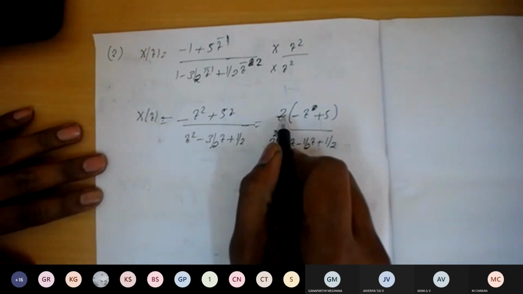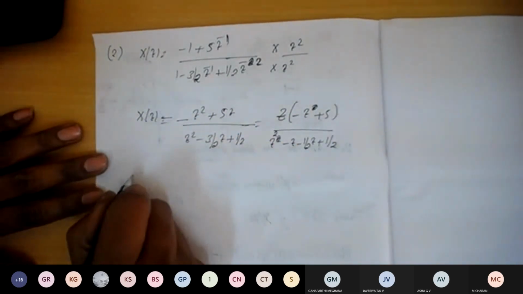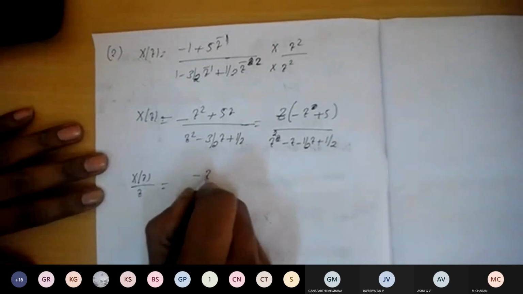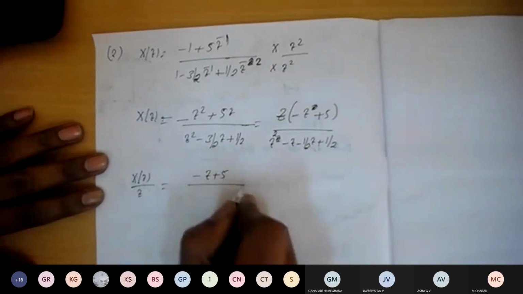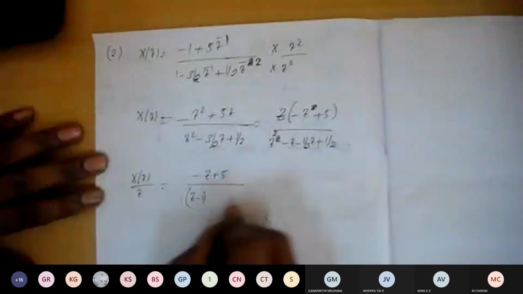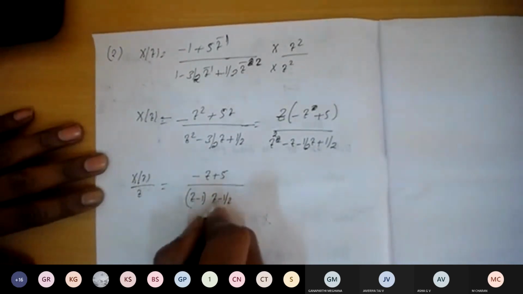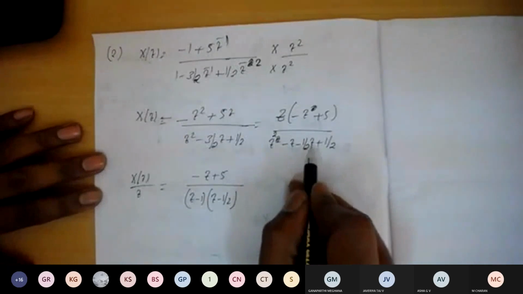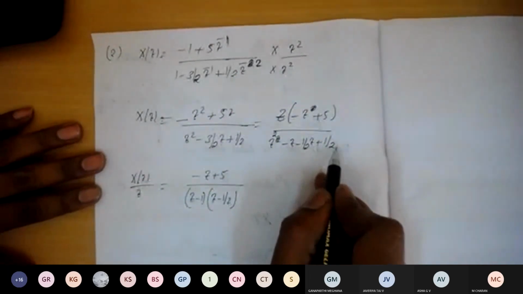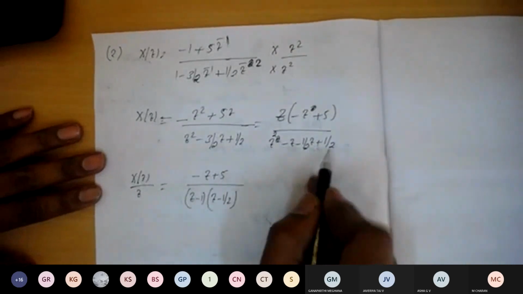Now I'm going to convert this into the form of X of z by z, which is minus z plus 5 divided by (z minus 1) times (z minus 1 by 2). Taking z common from the first pair and minus 1 by 2 common from the second, we get z minus 1 and z minus 1 by 2.